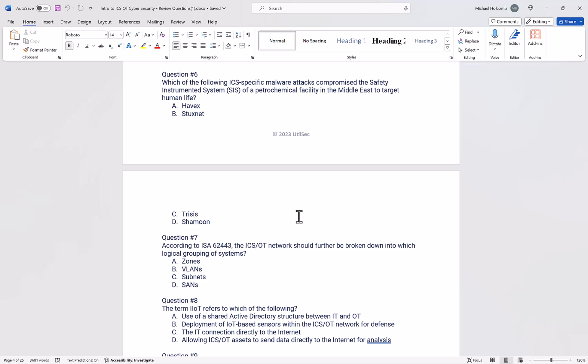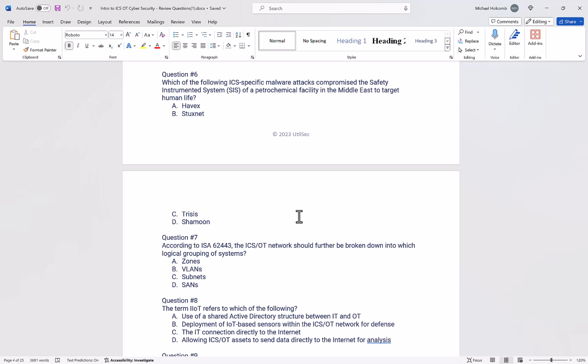So question 7, according to ISA 62443, the ICS OT network should further be broken down into which logical grouping of systems? That's where we talked about zones being the way we can take different assets within the OT network and group them based off of the function that they serve.